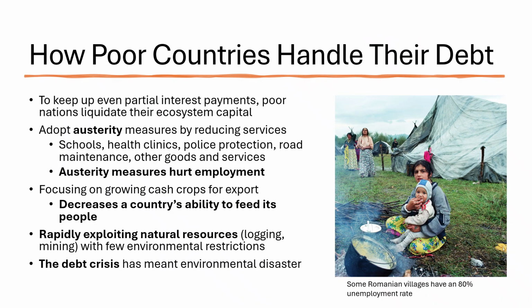So when you borrow money, you typically end up with a debt. And when developing countries borrow money from the World Bank or the United Nations Development Program agencies, they also end up with a debt and they need to reimburse it. In order to keep up with the repayments, poor nations typically liquidate their ecosystem capital.